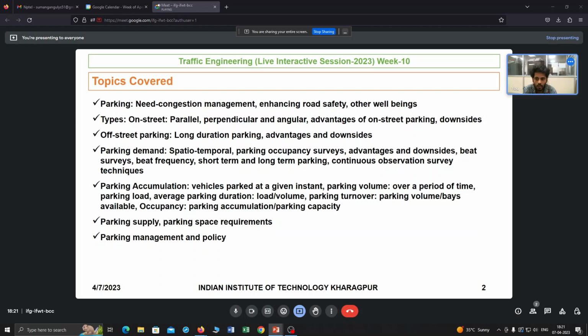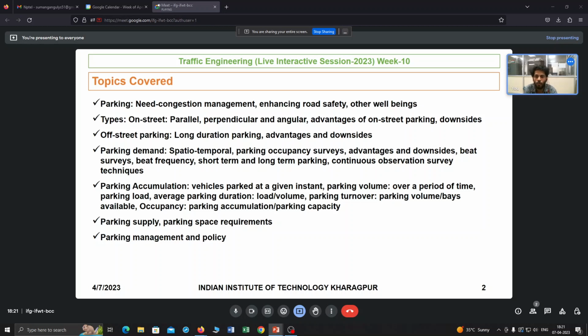This indicates there is a need to do parking studies, and proper parking planning and management is very necessary.